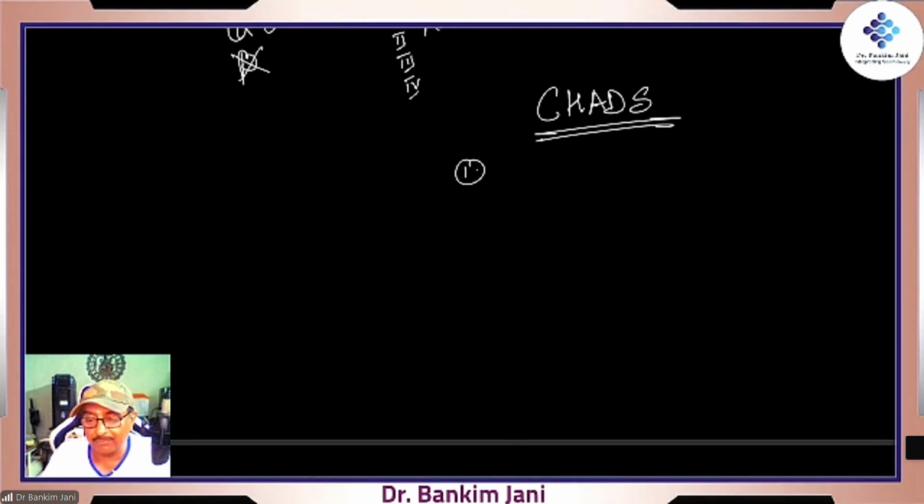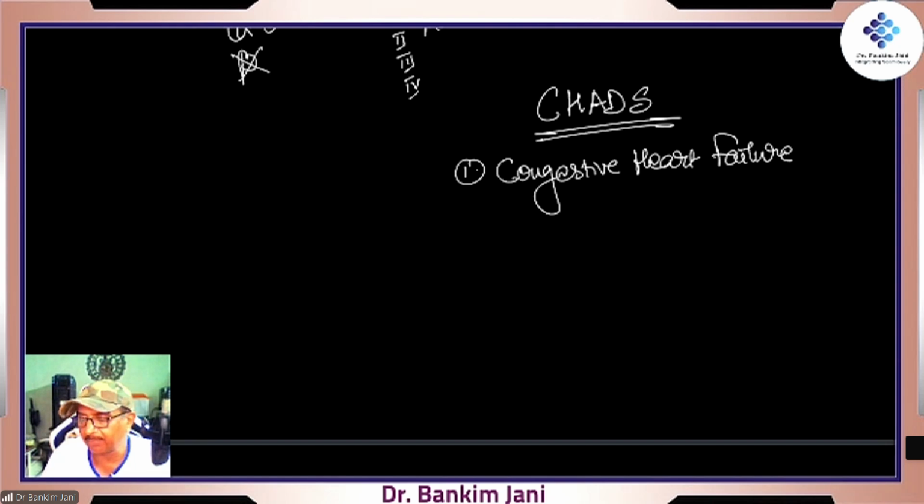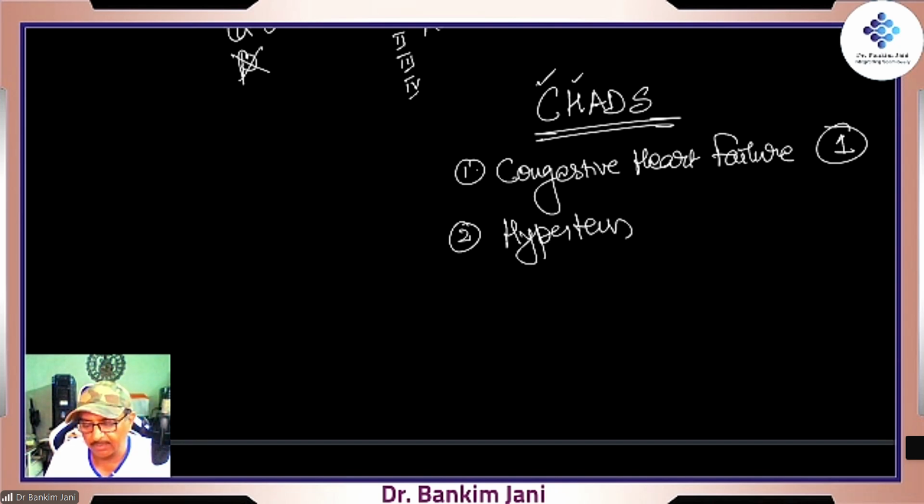When there is congestive heart failure, you watch the feet of the patient. Are the feet swollen? That means there is congestive heart failure, 1 point. That is C. Second, H. H is hypertension. Check the blood pressure. If blood pressure is high, 1 point.